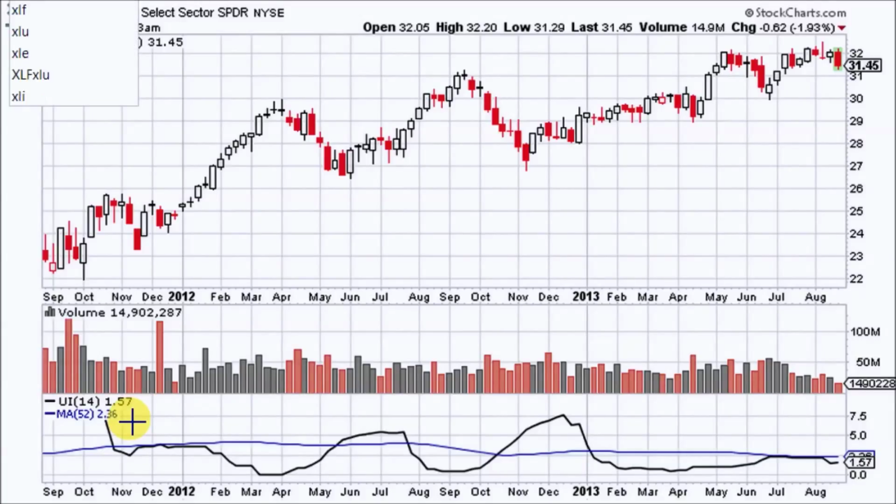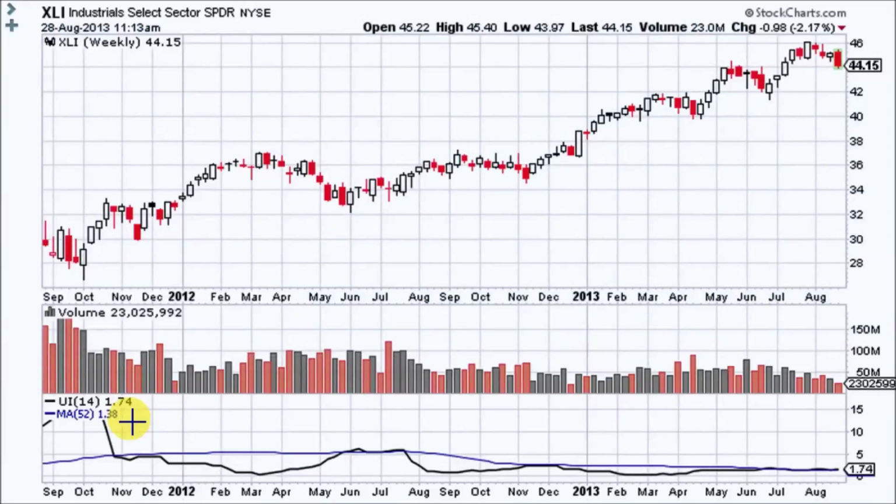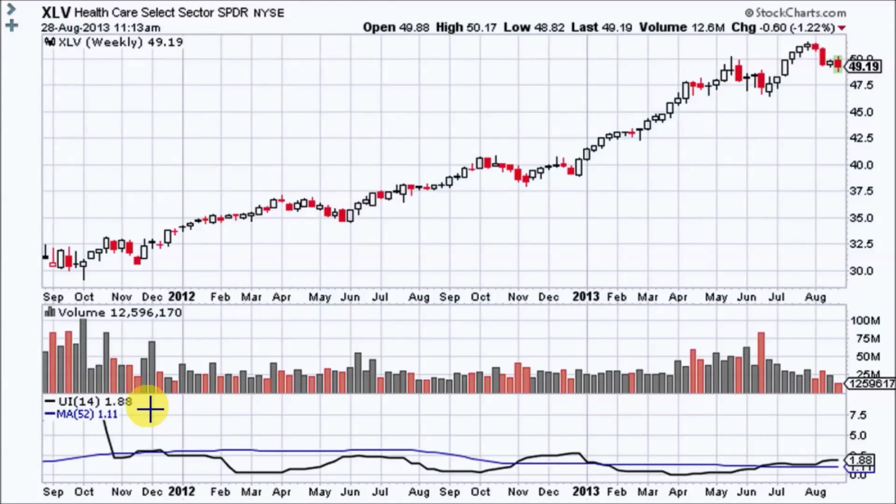XLI is the industrials, and it's got a really low reading here of 1.38 on average, and the last 14 weeks at 1.74%. XLV is the health sector, and so far it's the best looking sector as far as the Ulcer Index goes. Its average is the lowest, and 1.88 I believe is one of the lowest readings so far.